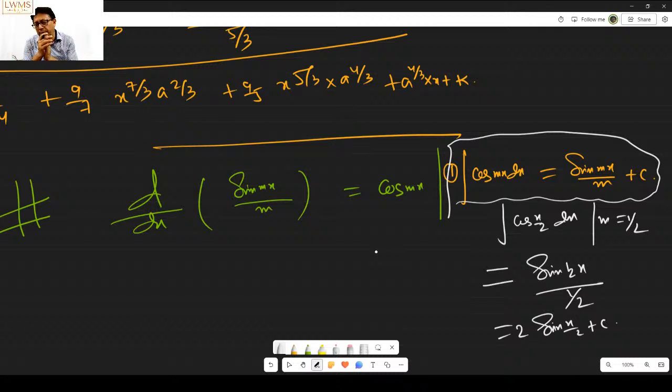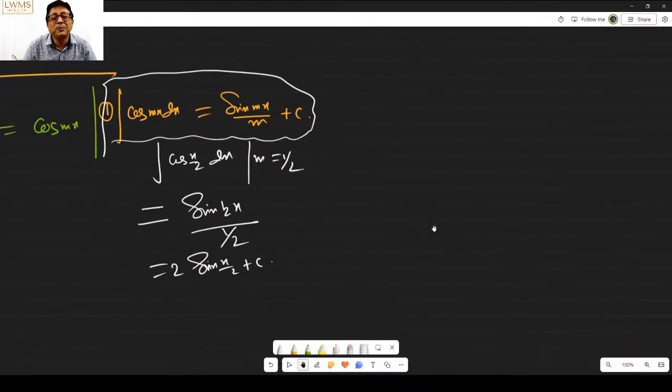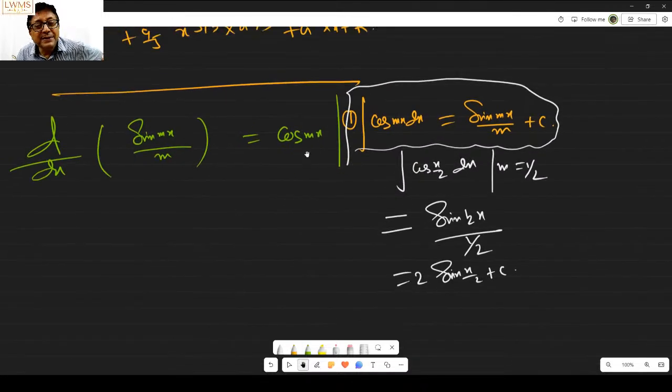Here there is some coefficient of x. So all the formulas need to be modified accordingly, where it will be divided. Another thing you remember, for differentiation you multiply, for integration you divide. I am not going to prove anything; no proof is required on this topic. I just proved one, because the derivative of sin mx by m is cos mx, so its integration will be like this.